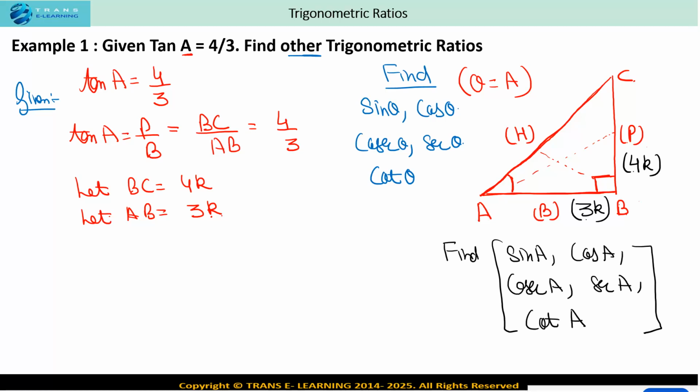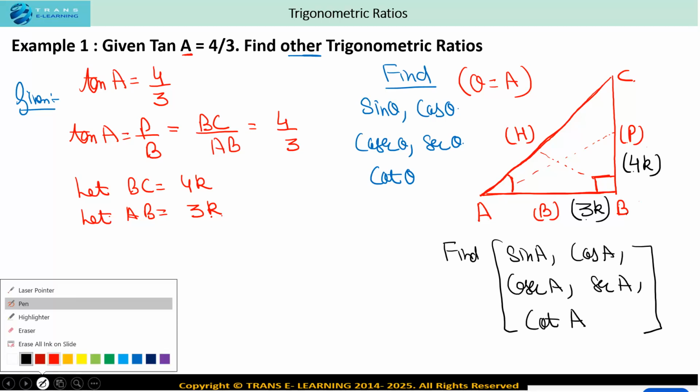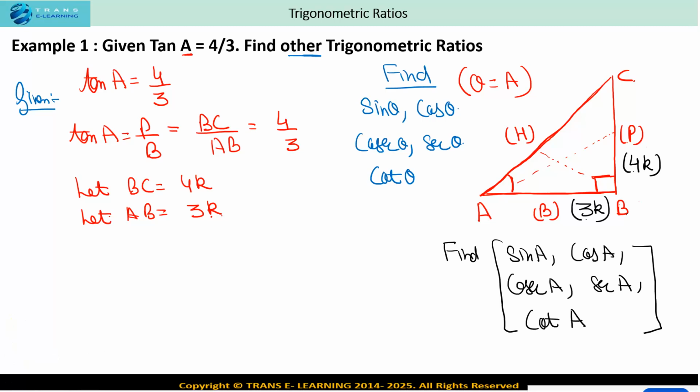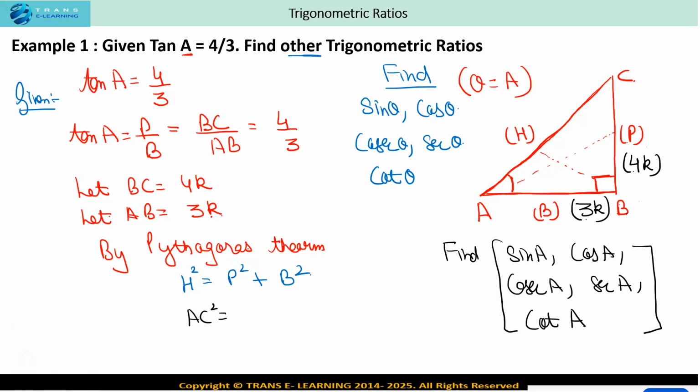We know two sides, that AB is equal to 3k and BC is equal to 4k. By using the Pythagoras theorem, I'm going to find the side AC. I can write down here hypotenuse square is equal to perpendicular square plus base square. On substituting the values, AC square is equal to BC square plus AB square.